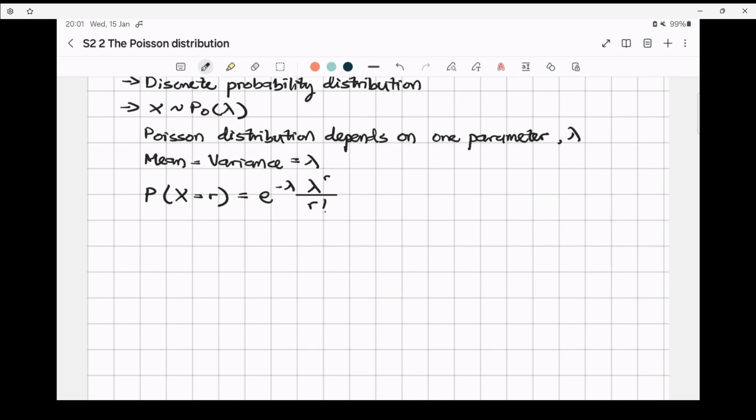So there are a few things that you need to take note of, whether or not a particular event can be modeled by Poisson distribution. Perhaps I should write assumptions.